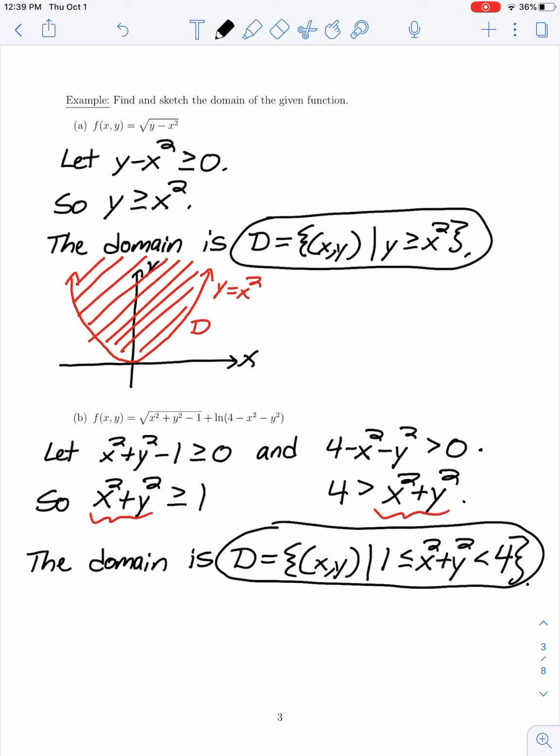And let's try to sketch our domain. So in the xy plane, we're considering all of the points such that x squared plus y squared is greater than or equal to 1. So for the boundary of our domain, we could consider the equation x squared plus y squared is equal to 1, which would define a circle in the xy plane centered at the origin of radius 1.